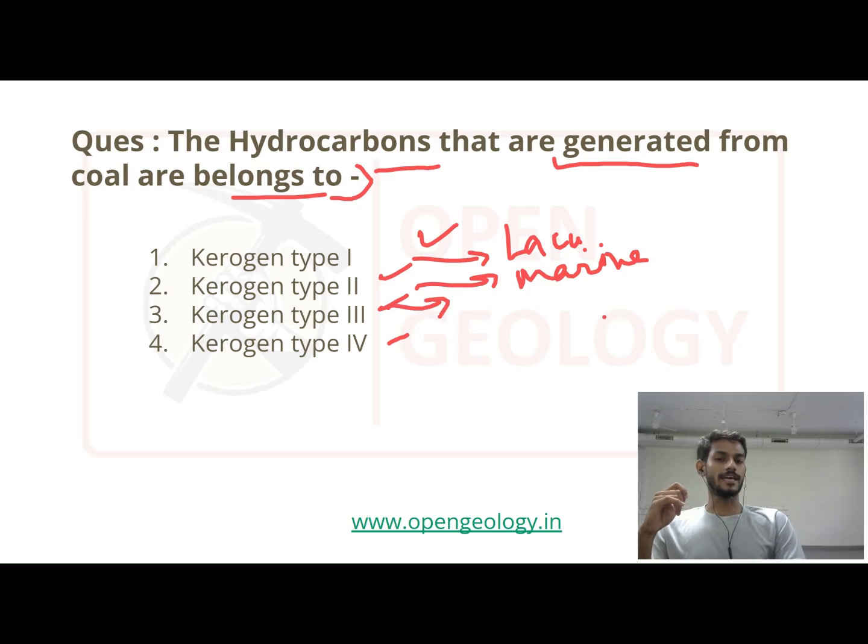Then kerogen type 3 is from woody plants. So whatever is coming from plant material, whether coal or hydrocarbons, all of these will be categorized as kerogen type 3. And kerogen type 4 doesn't produce any type of hydrocarbon. So here the correct option is our third answer.